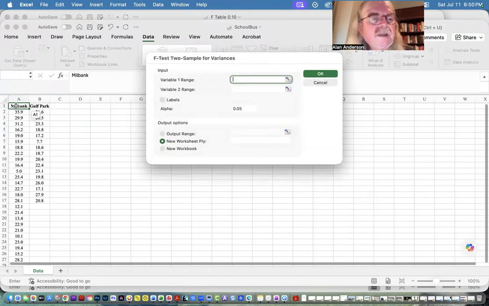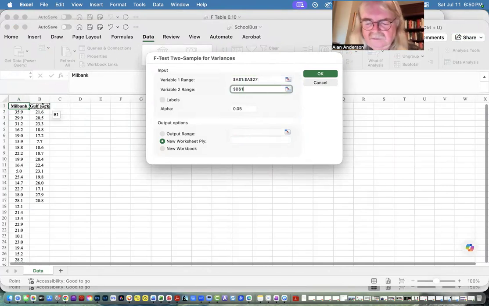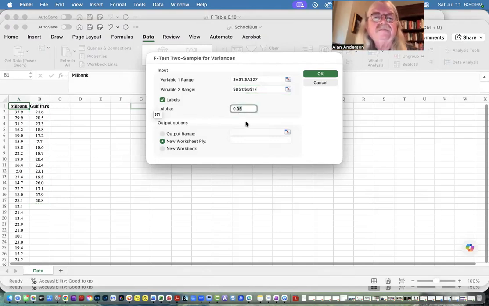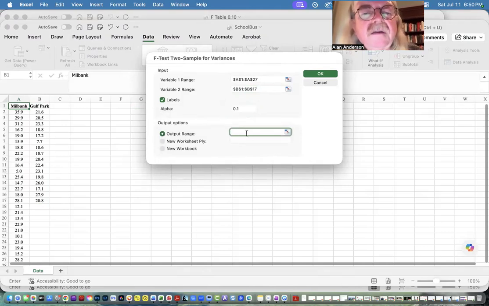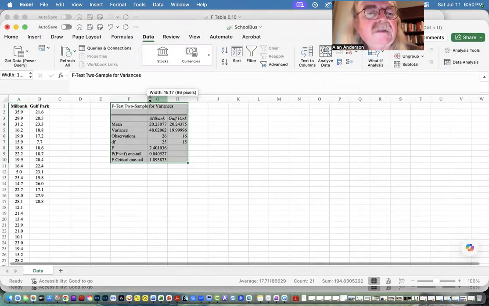Variable one is Millbank. Make sure you include the header. Variable two is Gulf Park. And then click on the labels. Now remember, this one, alpha was 0.10. And I'm going to have them put the output on the same sheet, F1. There it is. It's very simple.